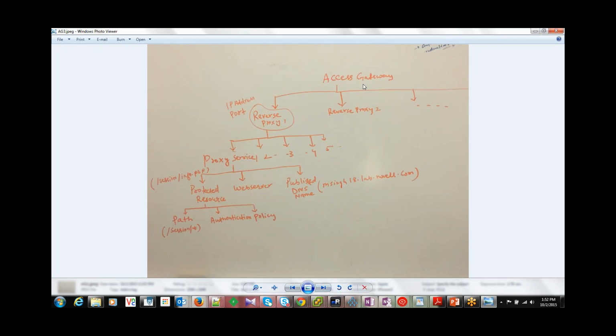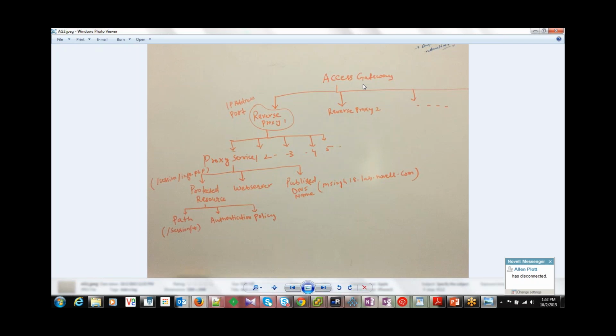Now, in a single Access Gateway you can configure multiple reverse proxies. One reverse proxy is different from another based on the IP address and the port.